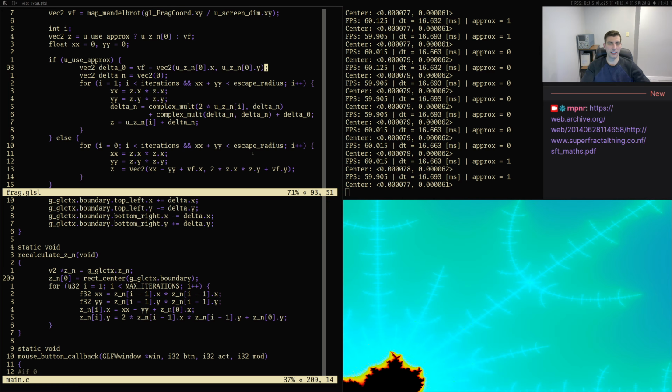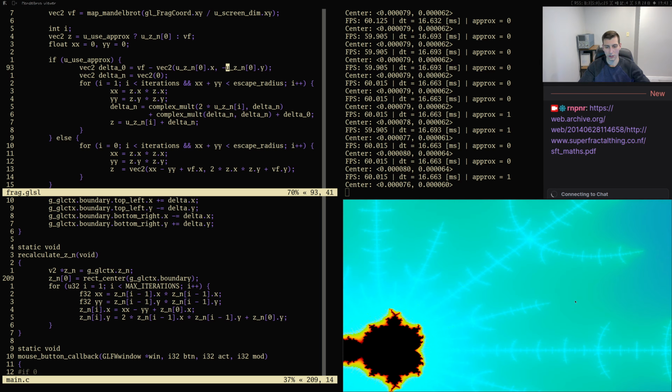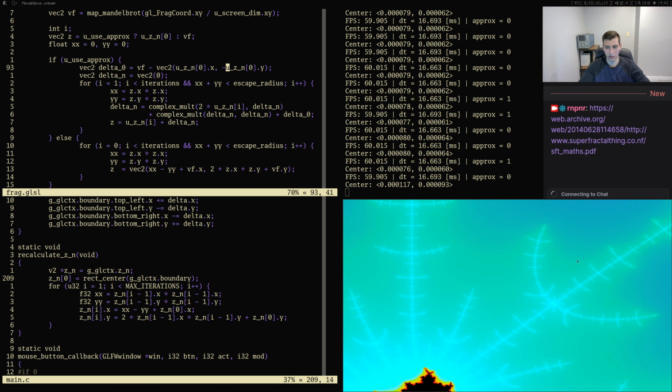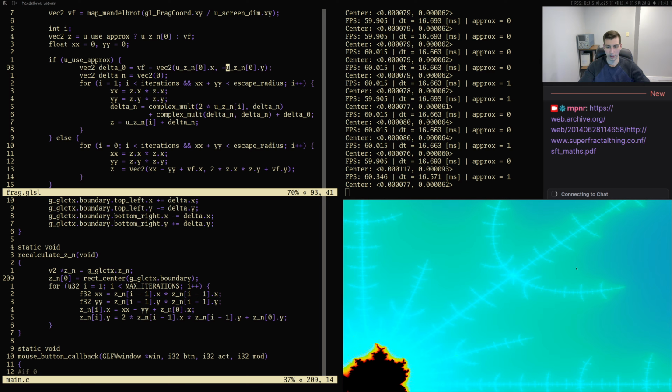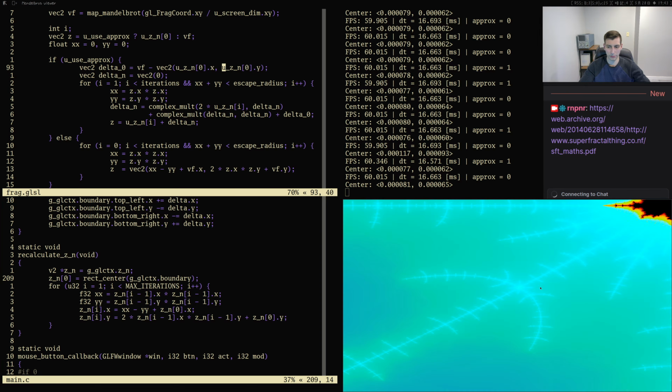That doesn't really make sense either, but that didn't even change anything, huh? Oh yeah, this is the knot. Okay, sorry. So where can I see? I can't see because the Y needs to be fixed. So this is approximation.